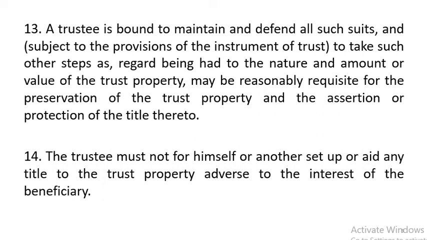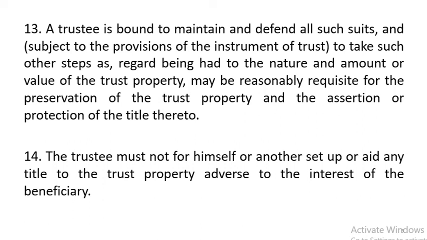A trustee is bound not to connive with, fraudulently or knowingly facilitate, any act or conduct of a third party which would amount to a breach of trust or result in loss or risk of trust property. Now what we are seeing is that the trustee cannot set up a third party's title against the trust.